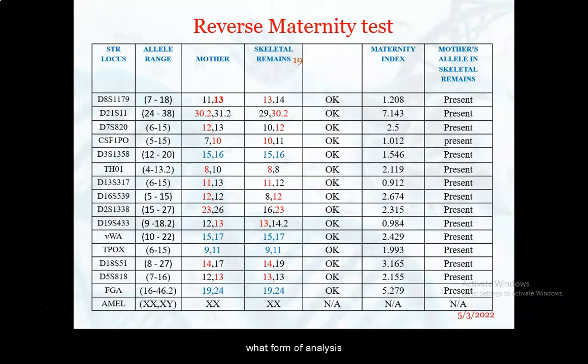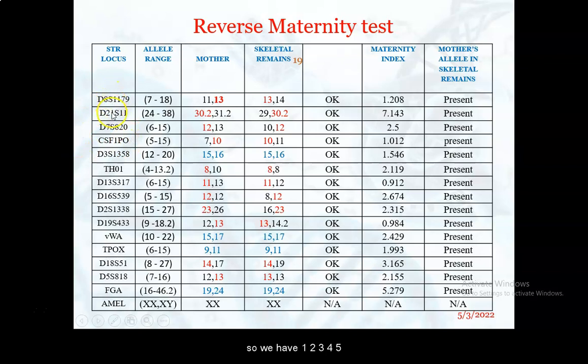What form of analysis did the experts make? Now they conducted a maternity test, a reverse maternity test. So if you look at the slide, these are what we call the various loci.